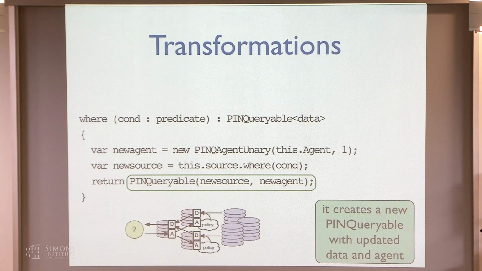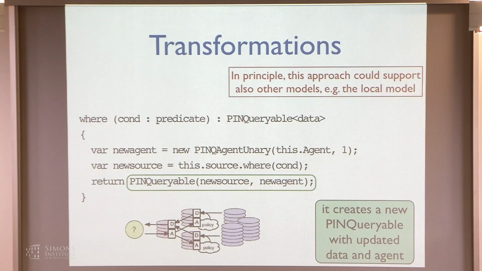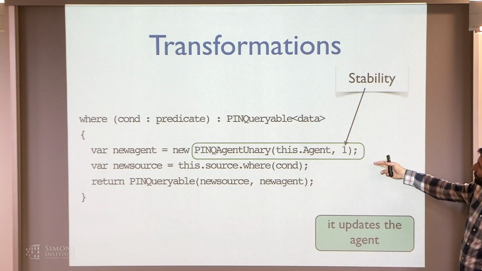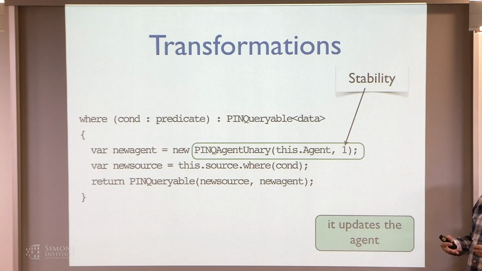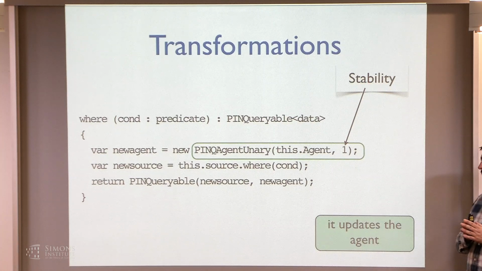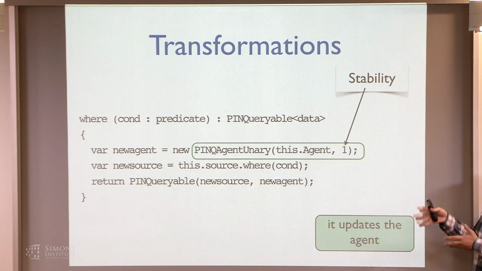Now, what is this new agent? A new agent is the one responsible for the privacy budget. The idea is that this new agent computes for us the information that we need to understand how much of the privacy budget we need to consume. In particular, this is a transformation, and we need to understand what is the influence of each individual on the transformed result.